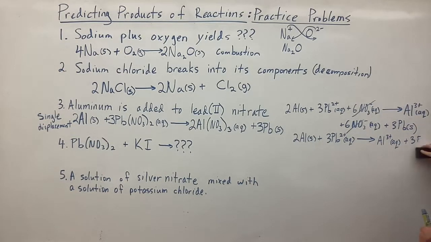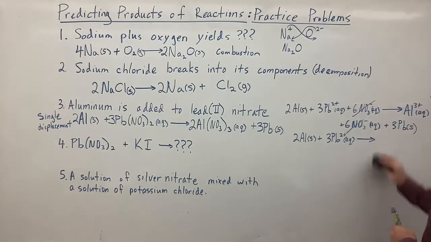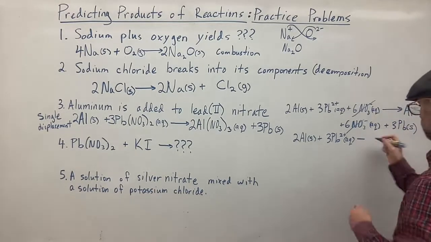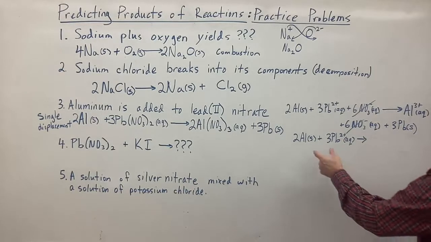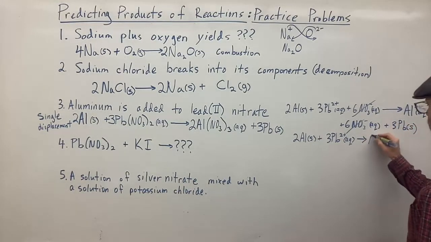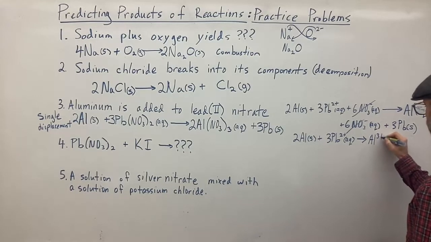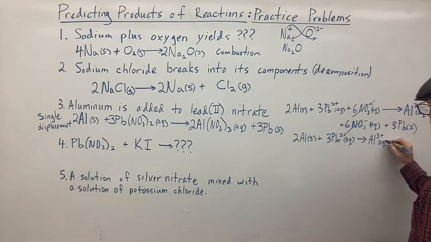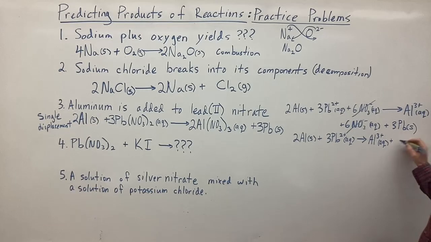Oops, let me rewrite this better so you can see it. So here we have the Al3 plus aqueous plus, and then we have the 3 Pb solid.